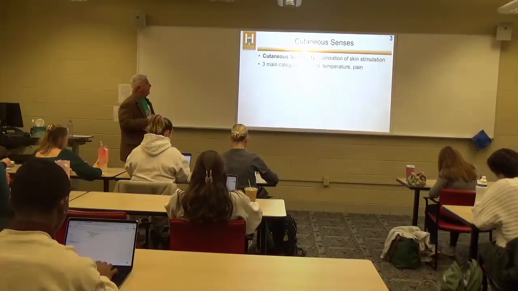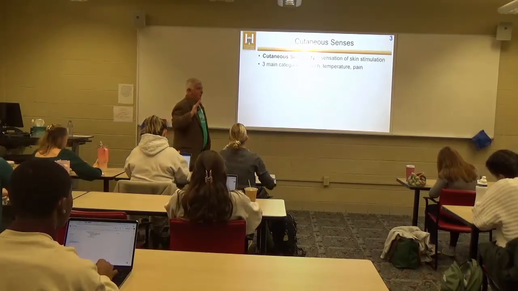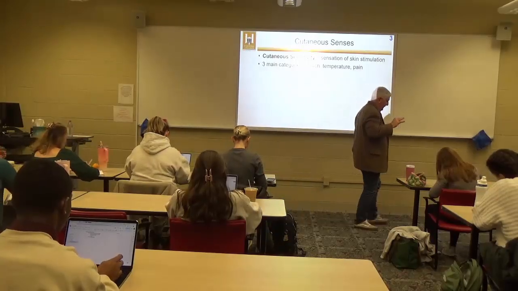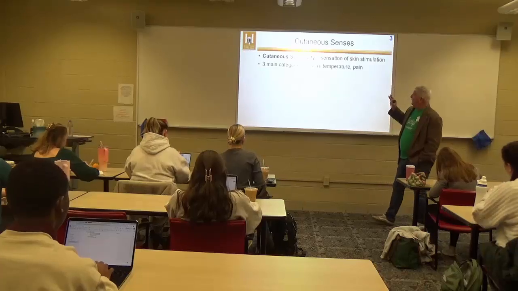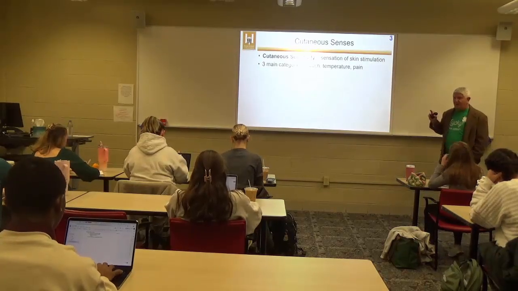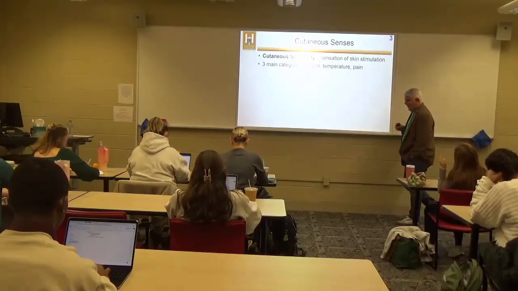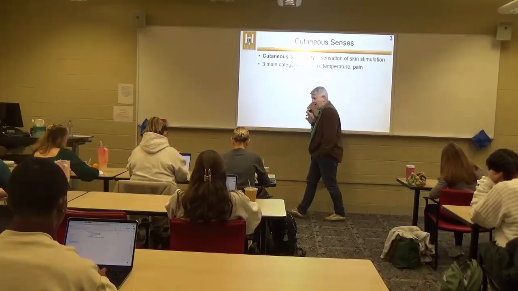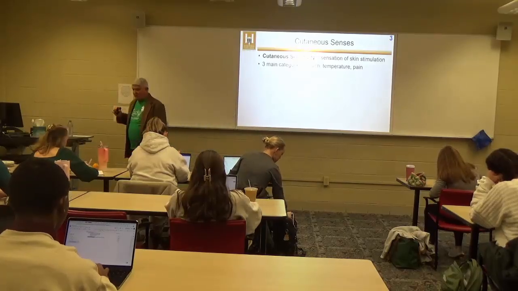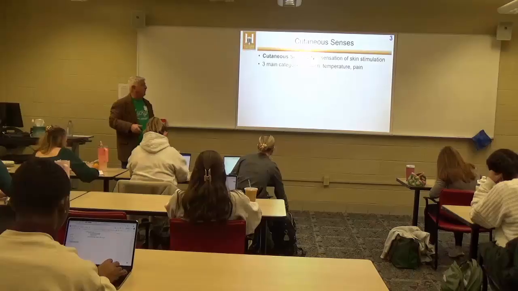We'll talk about that. So 3 main categories of the cutaneous senses: mechanical touch, temperature, and pain. And we're going to focus on mechanical touch today, mainly, and we'll talk a little bit more about pain and temperature on Thursday morning.